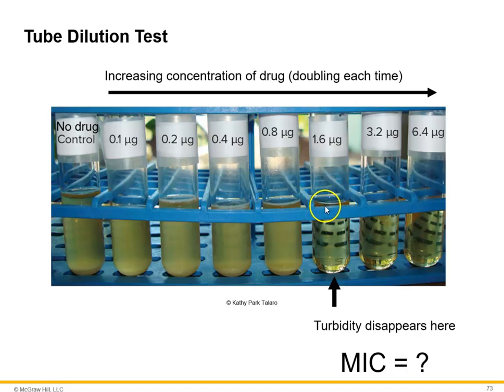The turbidity disappears. And at that point where you can visually see the bacteria are no longer there, that is called the minimum inhibitory concentration. So the example here, the minimum inhibitory concentration would be 1.6 micrograms.